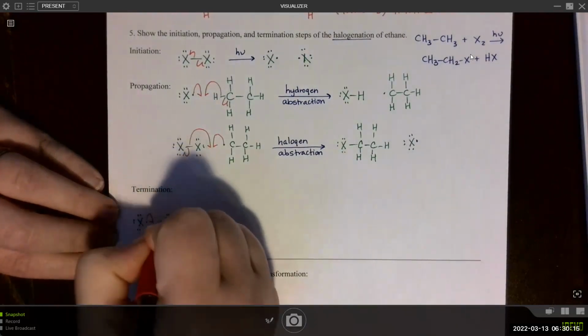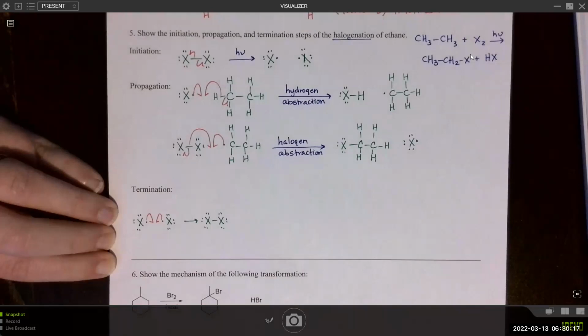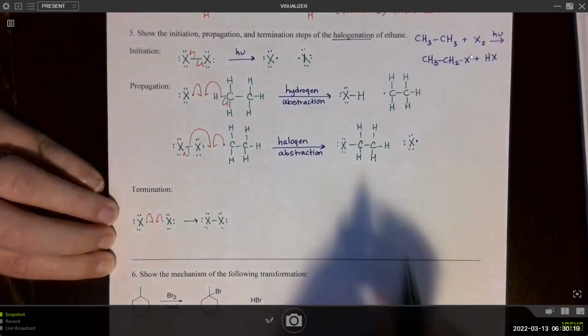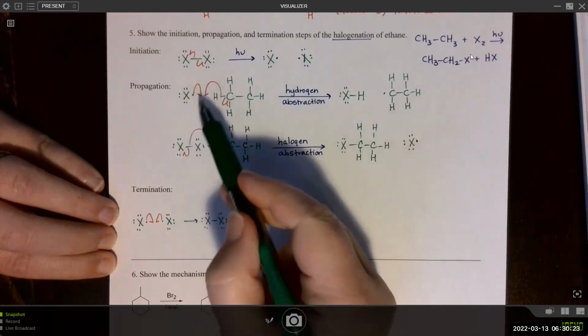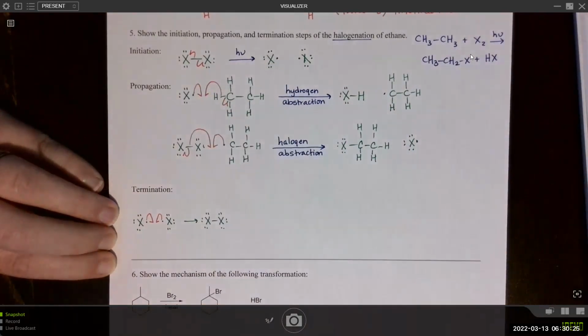It's just when any two radicals in solution come together. It's also possible for the carbon radical to find a halogen radical and recombine.